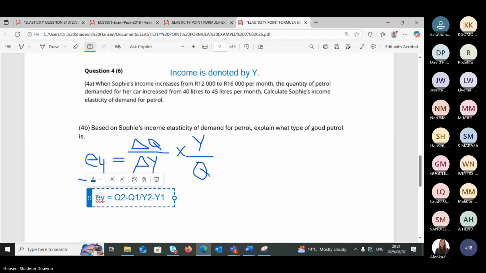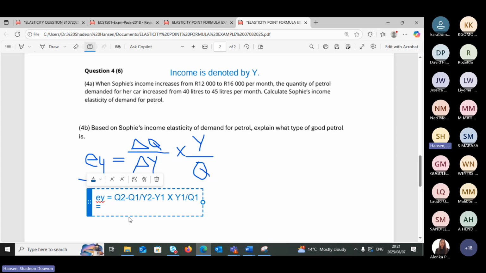All right. And then, of course, we multiply that, students, by the initial income divided by the initial quantity. Okay, now we can do the substitution. That is just the simplification of this formula. And now we do the substitution, and after the substitution, we do the simplification again, and we get the answer afterwards. Okay. All right, now let's continue.